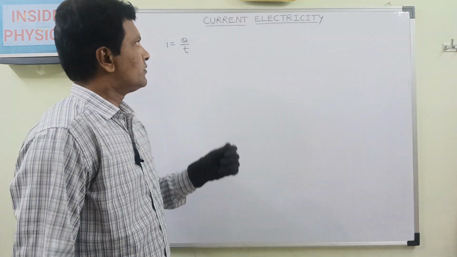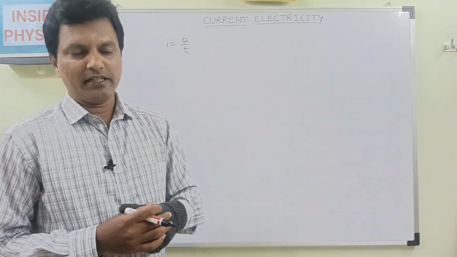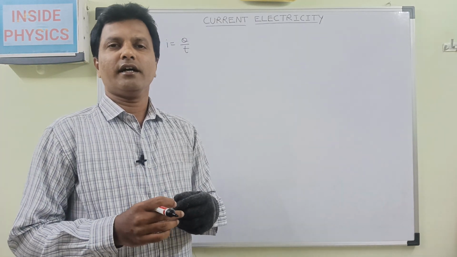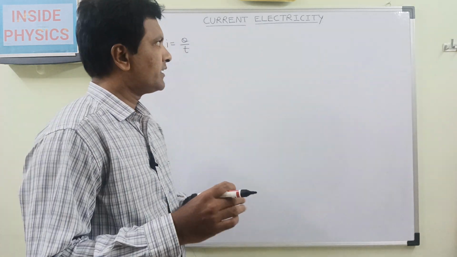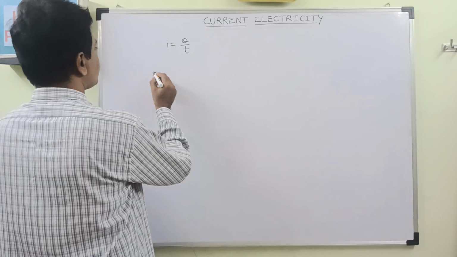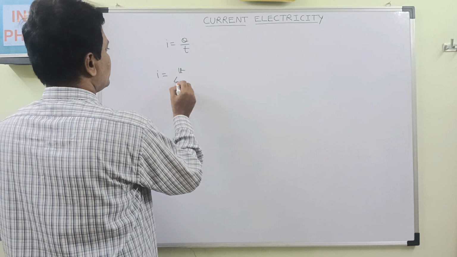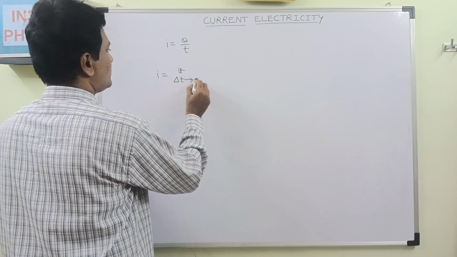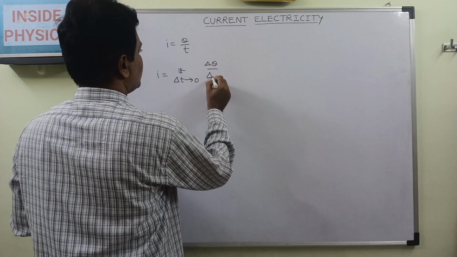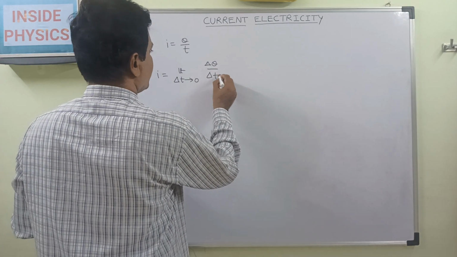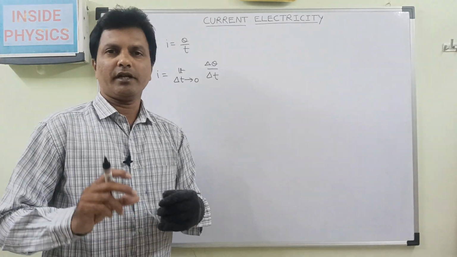If the instantaneous current, that means the electric current per unit time, can be written as I is equal to limit delta t tends to 0 of delta q by delta t. This is the instantaneous current at a particular time.